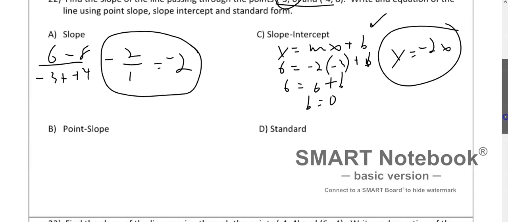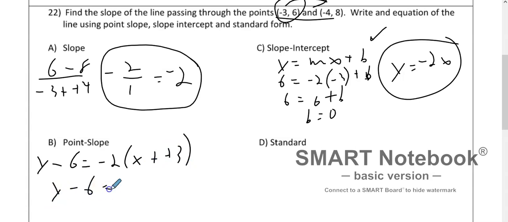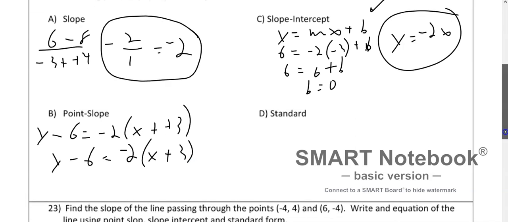Point slope form, again, pick a point. I'm just going to use the same one. So y minus my y equals negative 2 times x minus my x. Simplify it. y minus 6 equals negative 2 x plus 3. Now, if you would have used the other point, I'm not going to go through the steps of doing it.